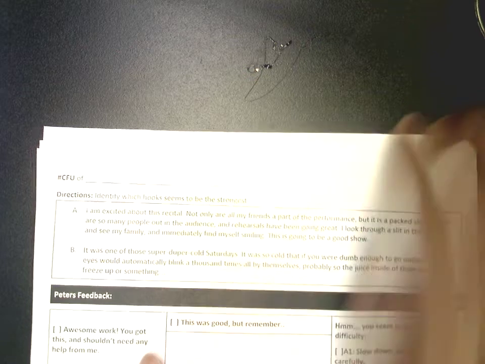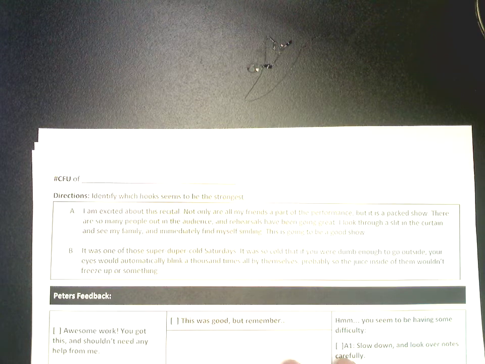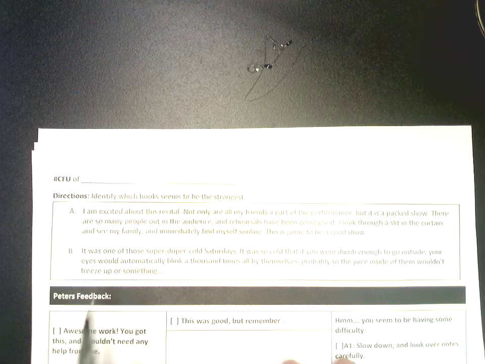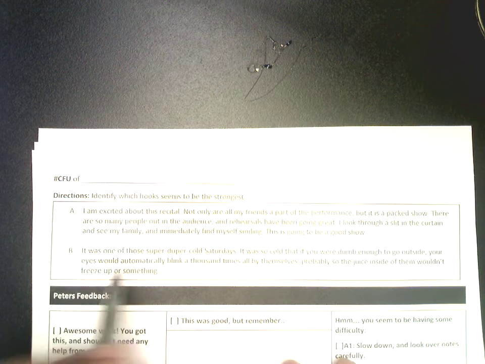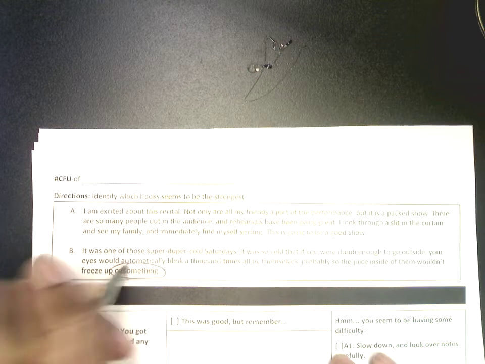With that, there were two things. One, we said to make something one-on-one, you want to use language that is very casual. You want to make sure that it sounds like an in-the-moment recount of this story. For example, in B, we notice that it says they would freeze up or something.